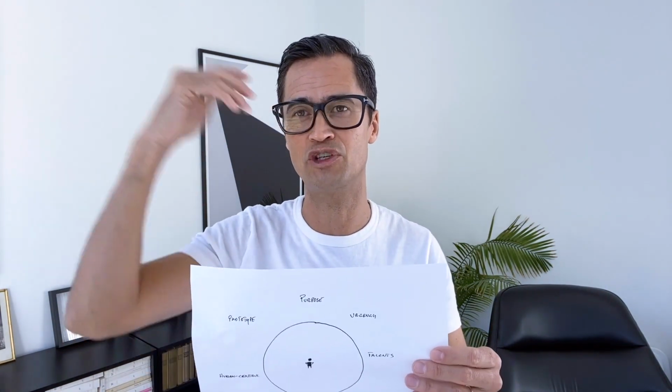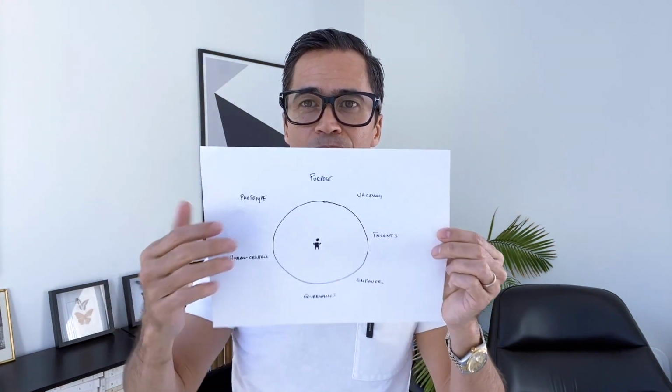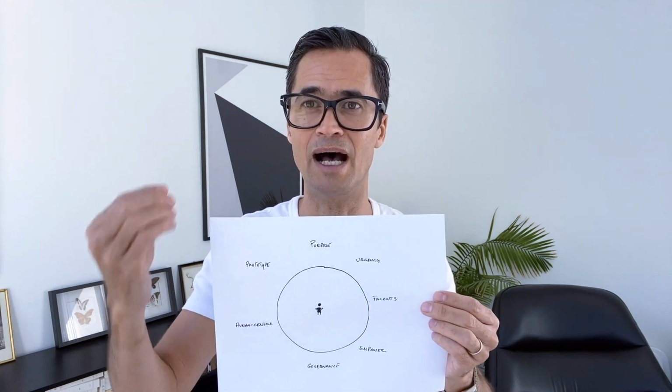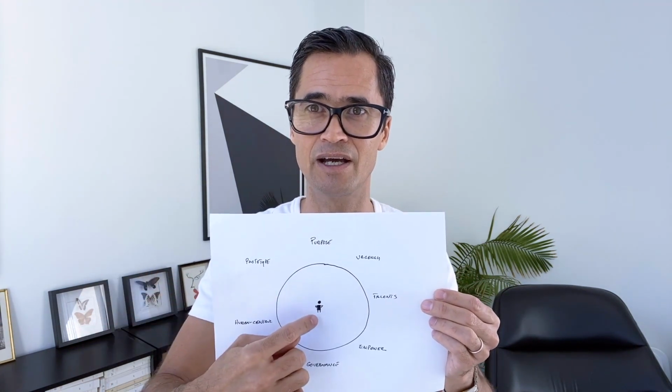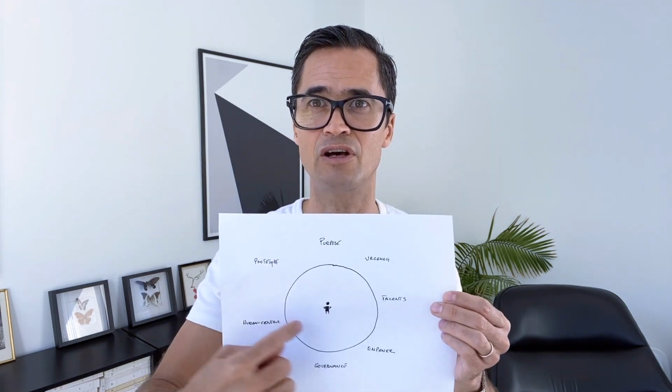All right? So you remember when I asked you to draw the circle with you at the middle? What I'm going to ask you to do is to look at the 7 elements that we've just been listing here and write them around the circle. So if this represents you as a leader, basically your job is to navigate across those 7 elements.